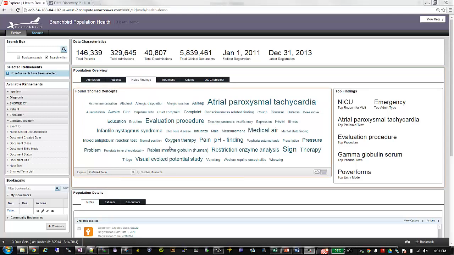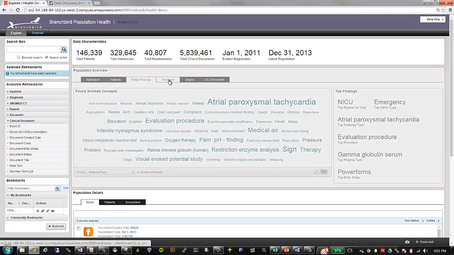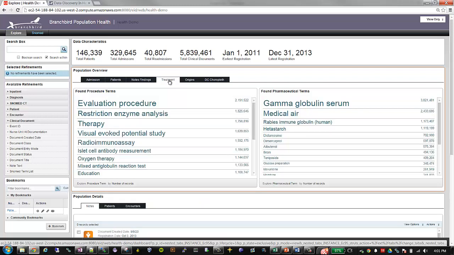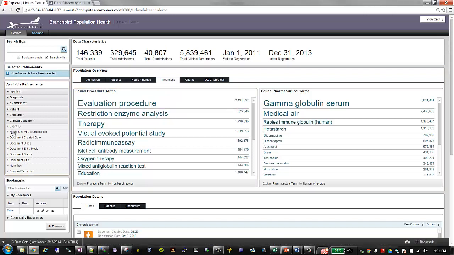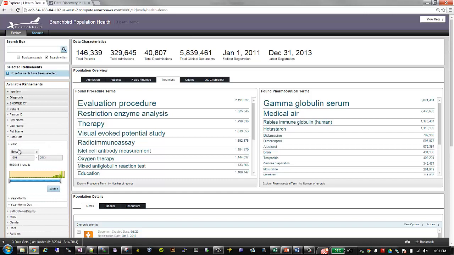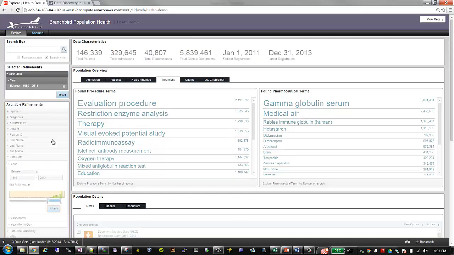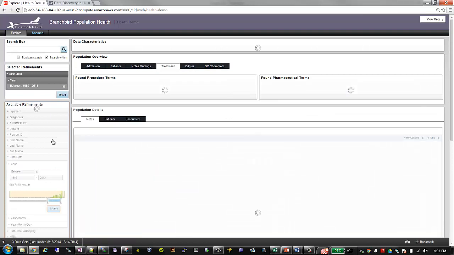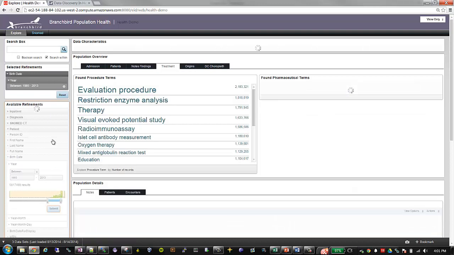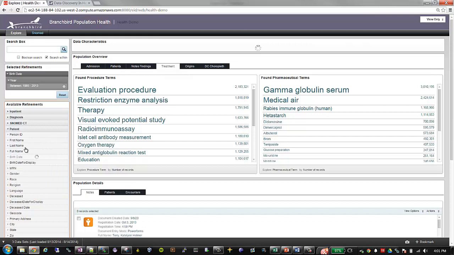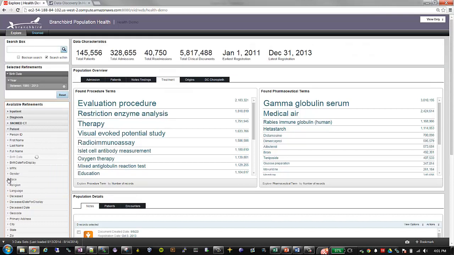So now we can bucket things like most common procedures, most common medications found within the unstructured medical notes corpus. And as we slice and dice by other attributes, we can see how those concepts within the medical notes recalculate and adjust and tell us what's most prevalent based on the subsets of data we're interested in.